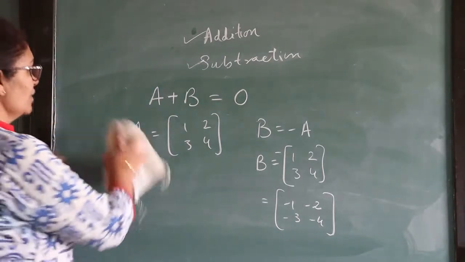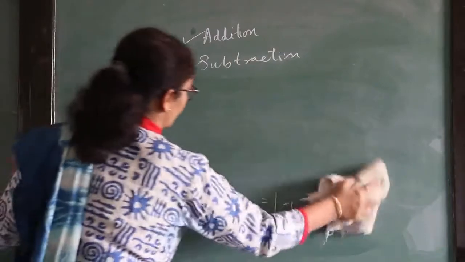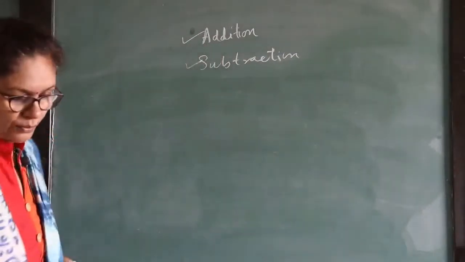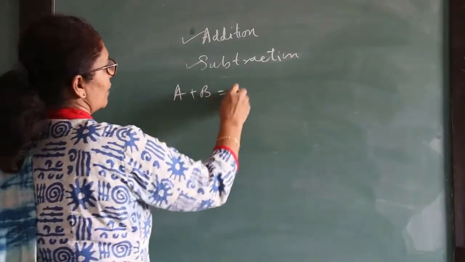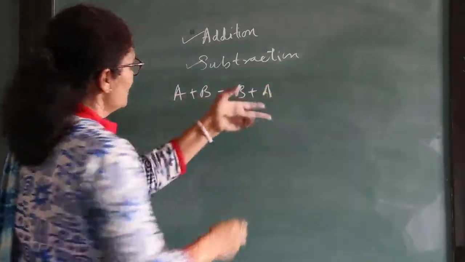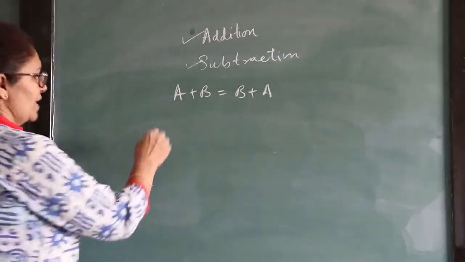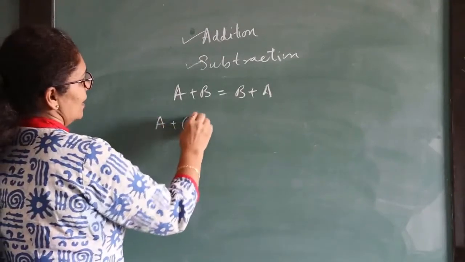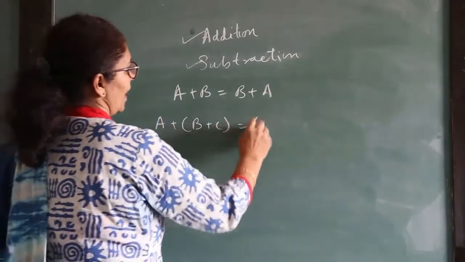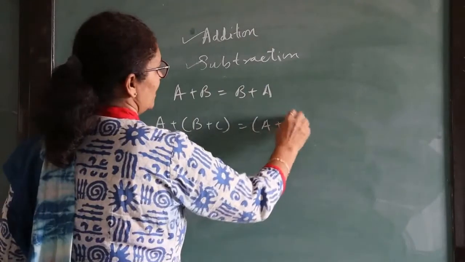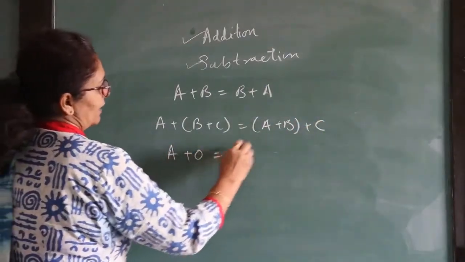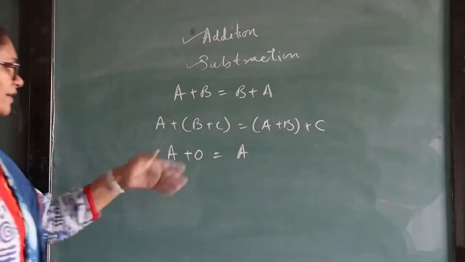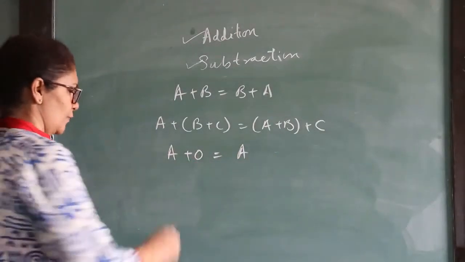Let's revise it once, all four properties. First property, that is commutative. So let's write commutative property, A plus B equal to B plus A, capital A and B show the matrix. Second property we discussed, associative, A plus B plus C, that means you can write A plus B plus C. Third property, identity element for addition or identity matrix for addition is 0.